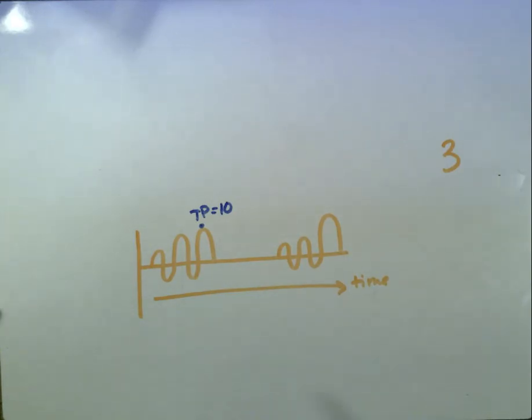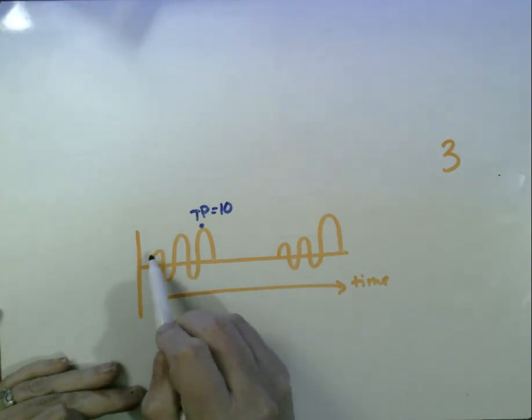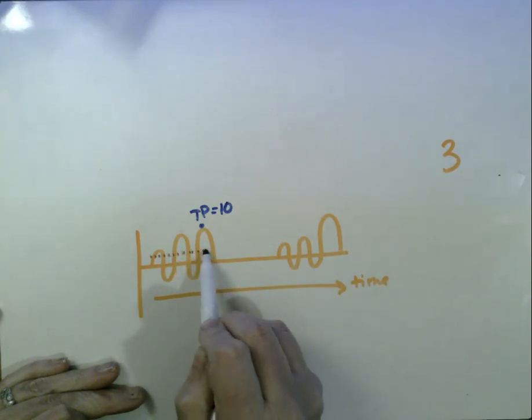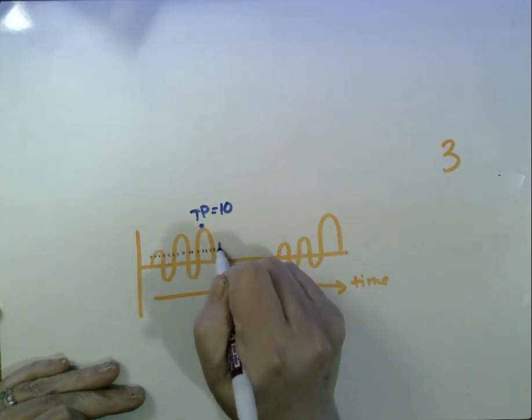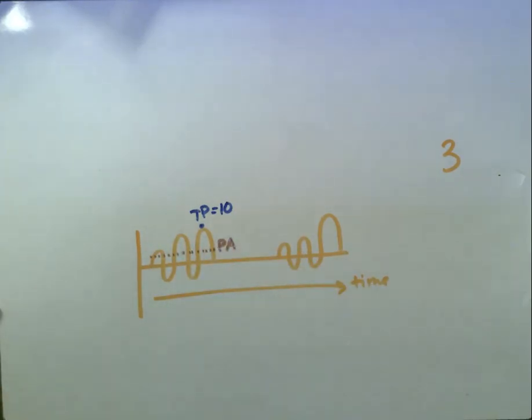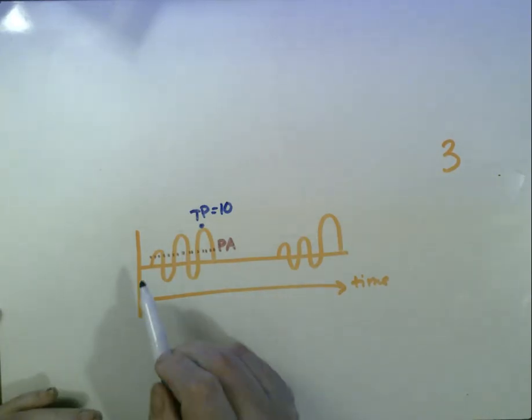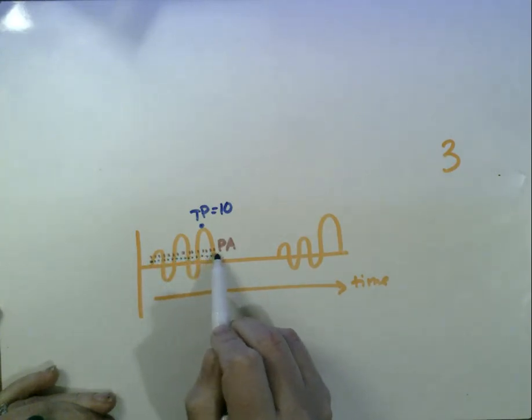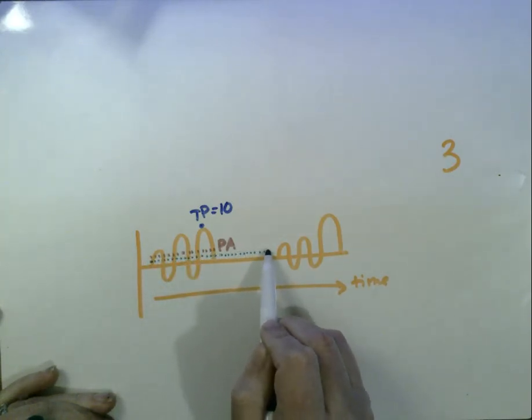And then pulse average is going to take the values of the intensities found over the whole pulse and average them together. So this is our pulse average. And then we have temporal average, which is going to take the average intensity found in the pulse and during the listening time.